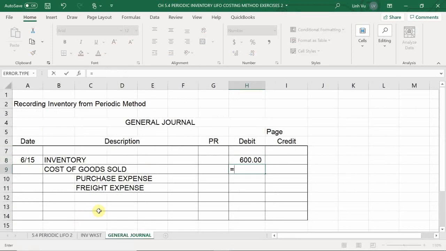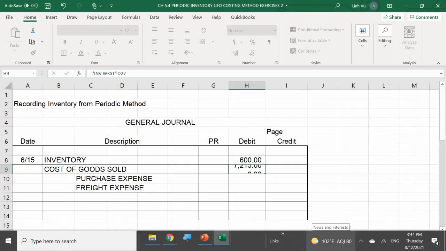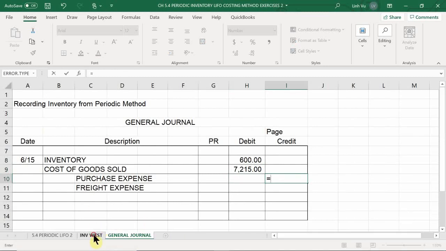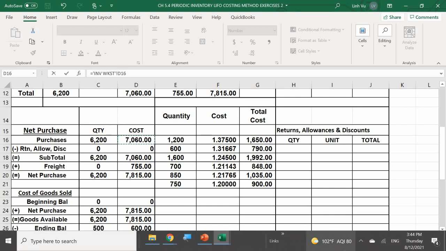What was my total cost of goods sold? 7,215. What was my total purchases or my purchase expense? 7,060.